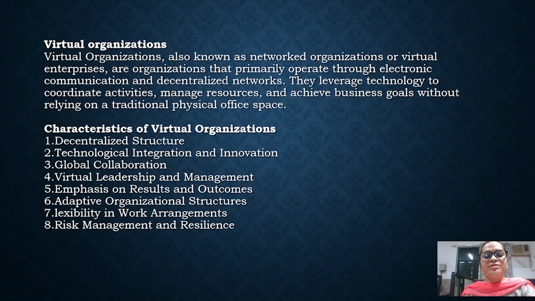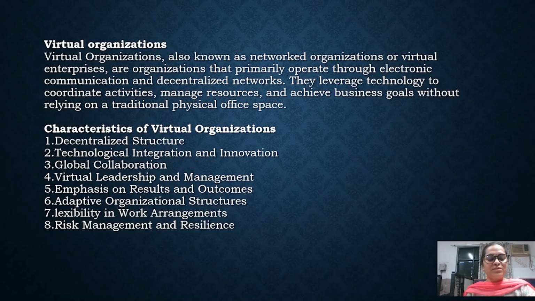Projects here are driven by the organizational structure, with teams forming and reforming on the basis of the project needs, right? So here the flexibility enables resource allocation according to project priorities, and even ensures optimal utilization of the talent as well as the resources.